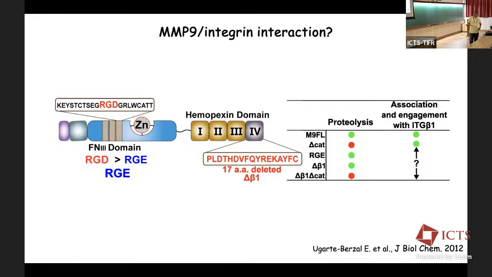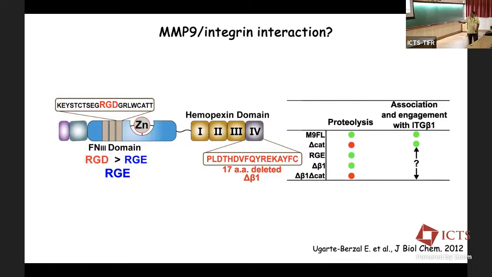at the cell membrane. To answer that question, we established the following mutants. We deleted the 17 amino acid sequence, which we refer to as the delta beta 1 sequence, or we mutated this RGD site to RGE. You can have a delcat, which we had already established before: there is no proteolysis, and association is expected.